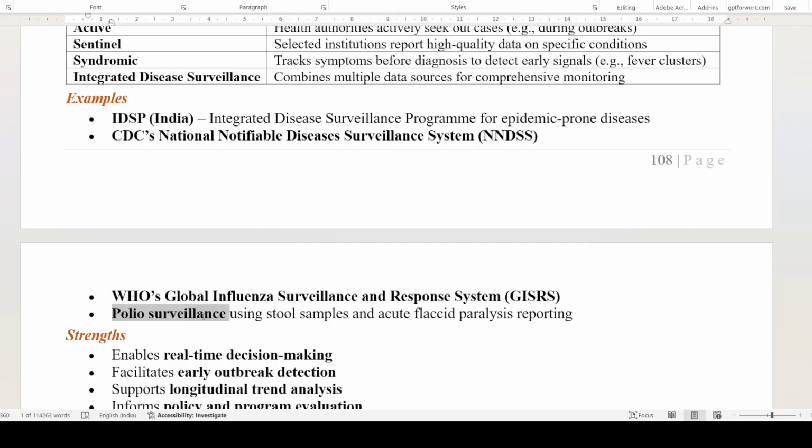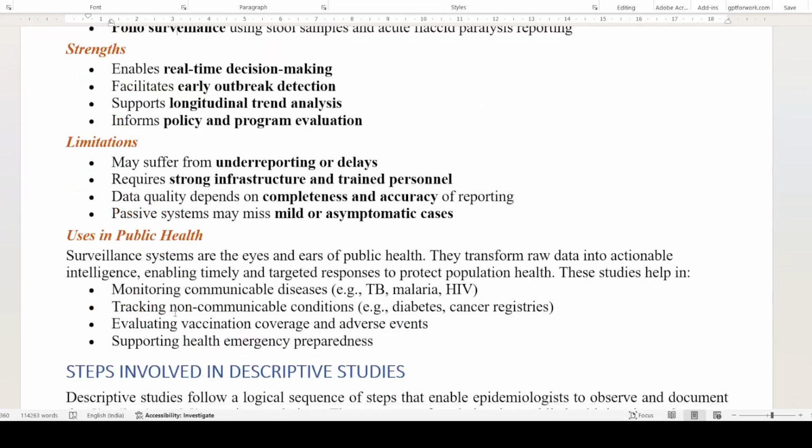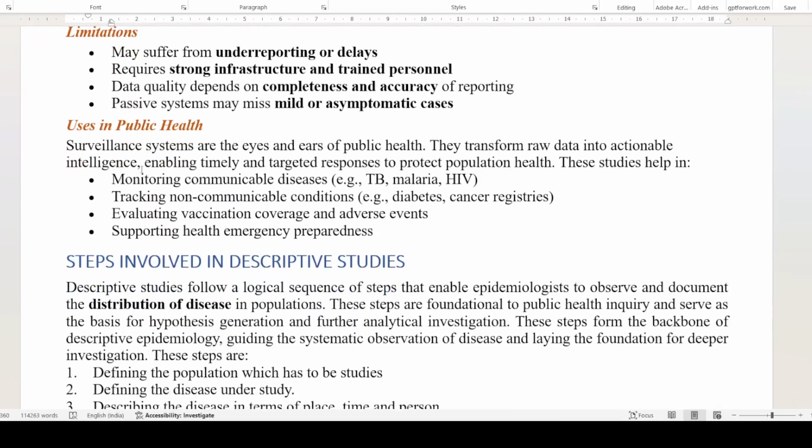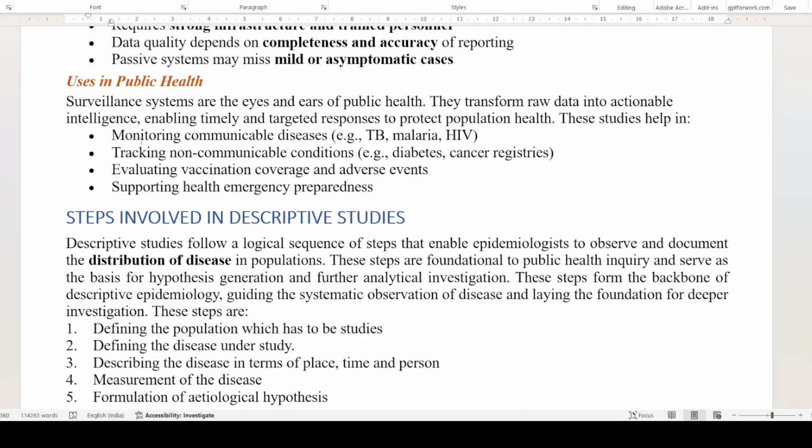Next is polio surveillance, where we use stool samples to see whether polio still exists or not. So if we talk of uses, it monitors communicable diseases, tracks non-communicable conditions, evaluates vaccination coverage, and supports health emergency preparedness in the country.